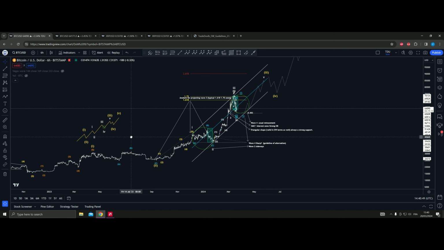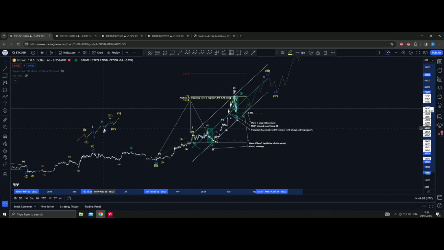If you pay attention to the yellow count, we had a 1, 2, that was this. And now we have a 1, 2, and I think the 3 is in. So we're forming a 4, looking for the bottom of that 4. And then we're going to have a 5, where we're going to complete the inner extended third wave. So we want to long here in order to take profit somewhere over there.